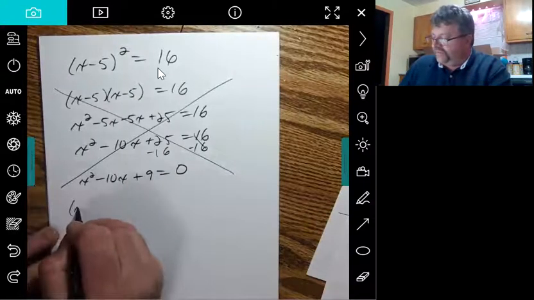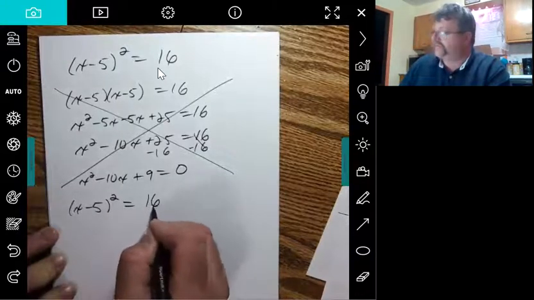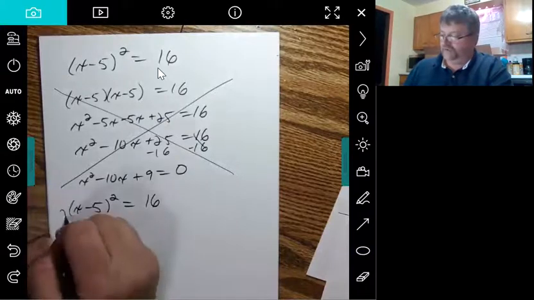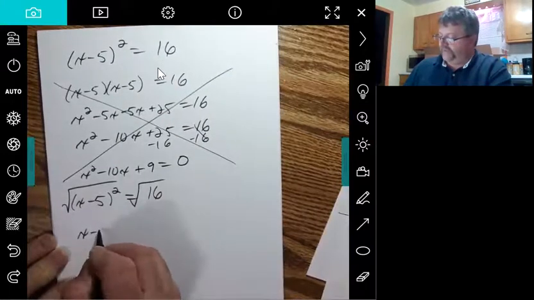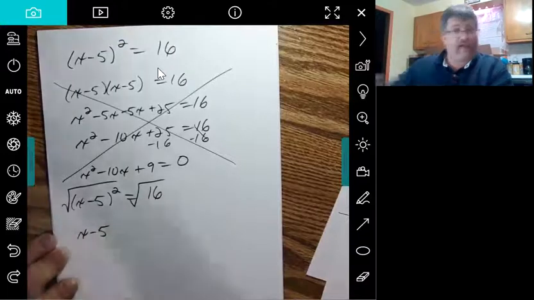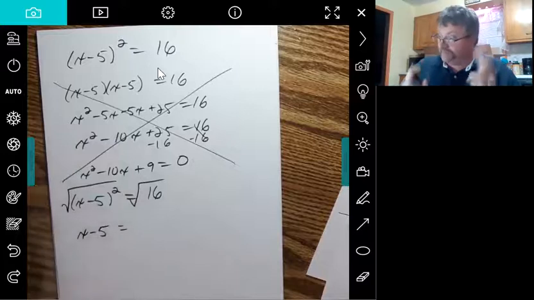Okay. We have something squared equals 16, right? Well, let's take the square root of it, shall we? Now I just have the something, not the something squared, because the square and the square root annihilate one another. And again, in math class, I've got two answers here.